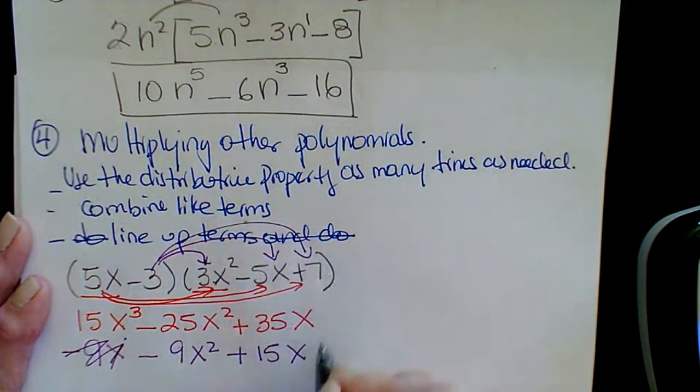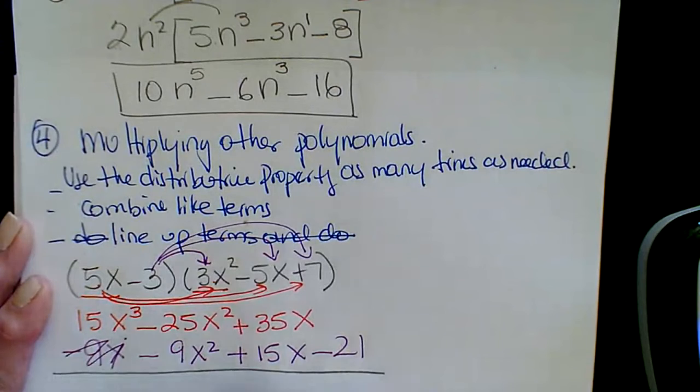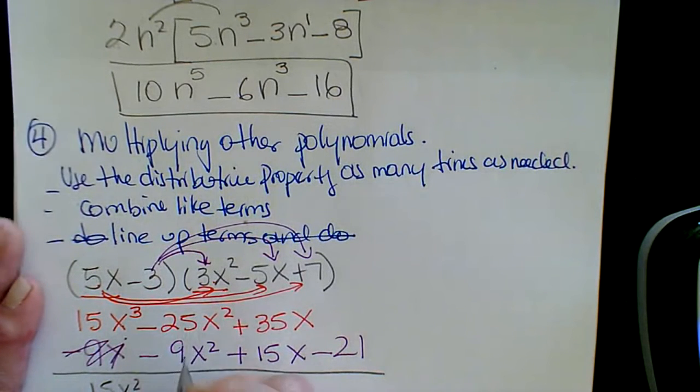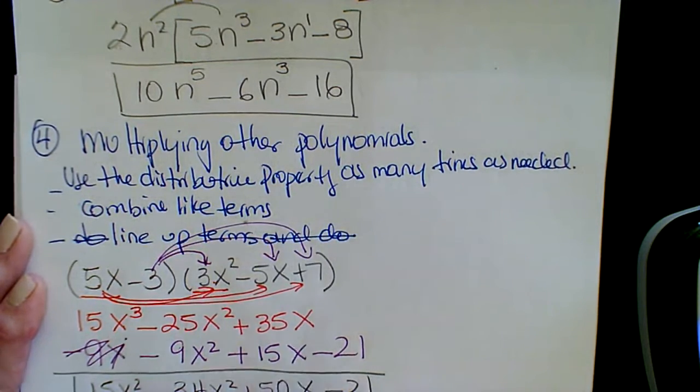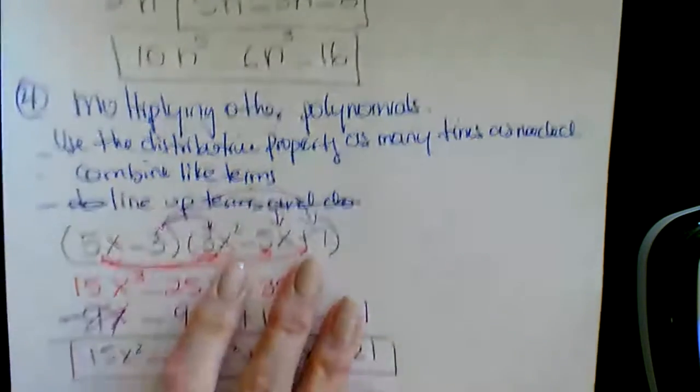And this one is going to be minus 21. So this one, what do we do here? 24 plus 9, I believe is 34. And this would be 10, 4, 5. And this is my answer.